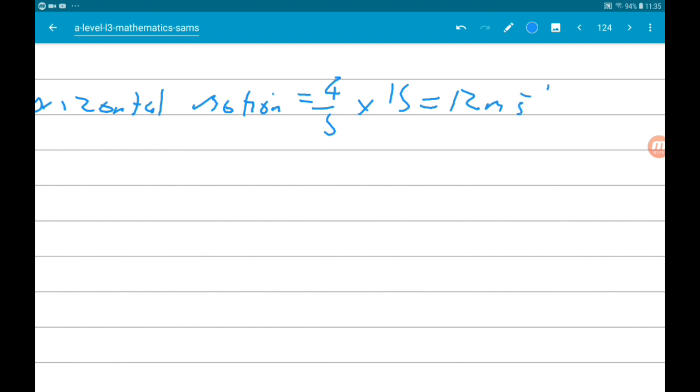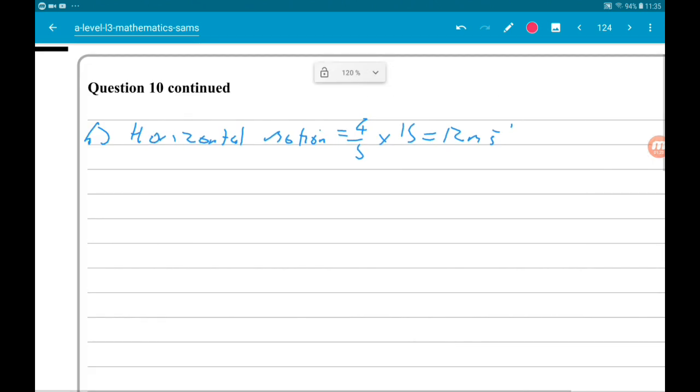Okay. Now, we need to do something clever for y. So, let's think about this now then. So, we want the stone to be 10.8 meters above sea level, so its displacement is minus 7.2.